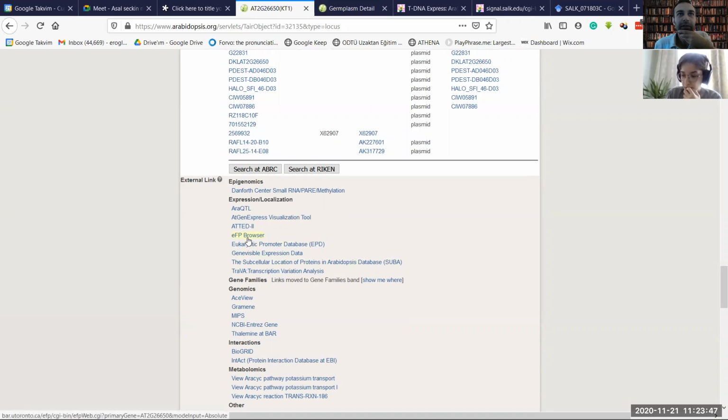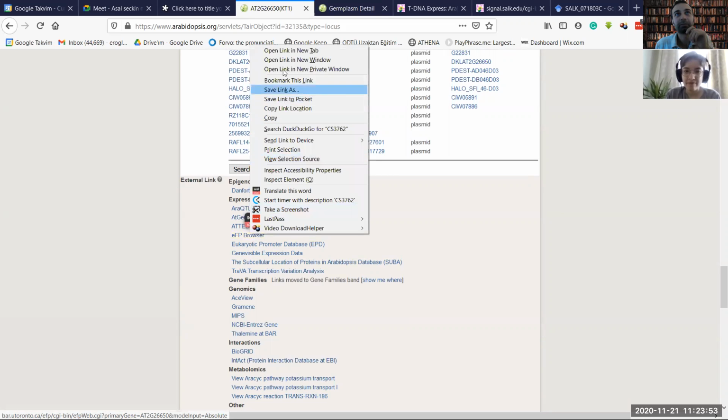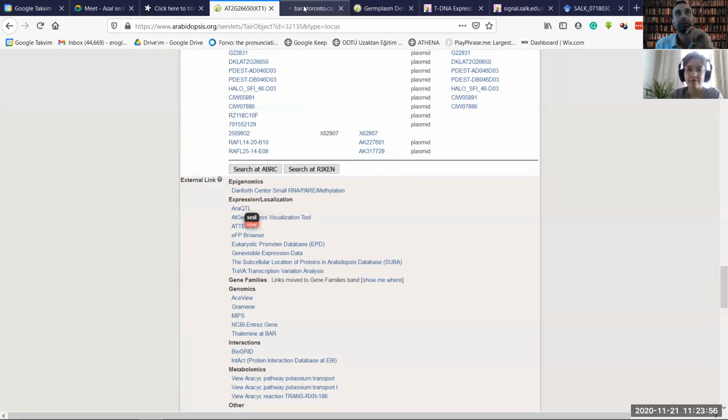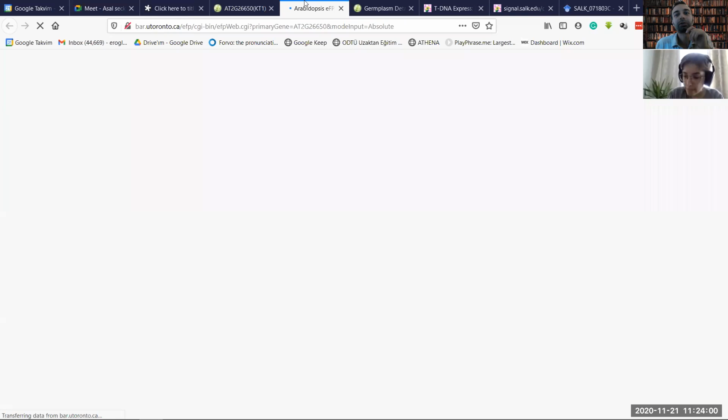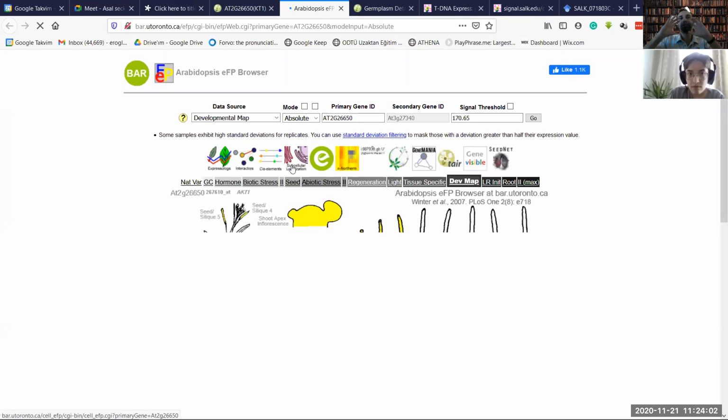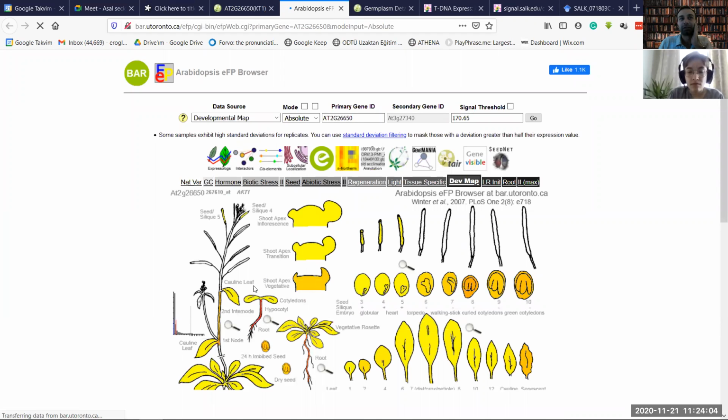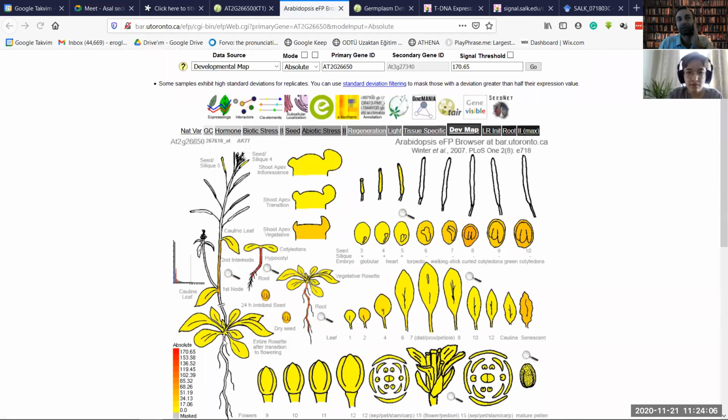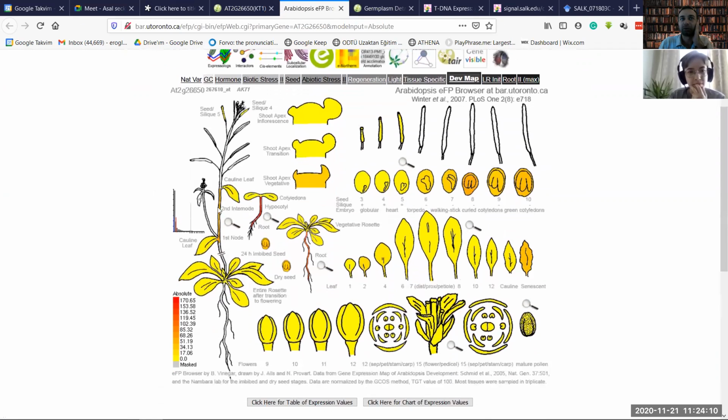Another thing I like very much, but maybe it's not of your interest, so I will just show it at a glance. We have this eFP browser. It shows us very nicely in a very visual way which part of the plant we see the expression. For example, this is the Arabidopsis whole plant, and where we see red color, the expression is high, like here.